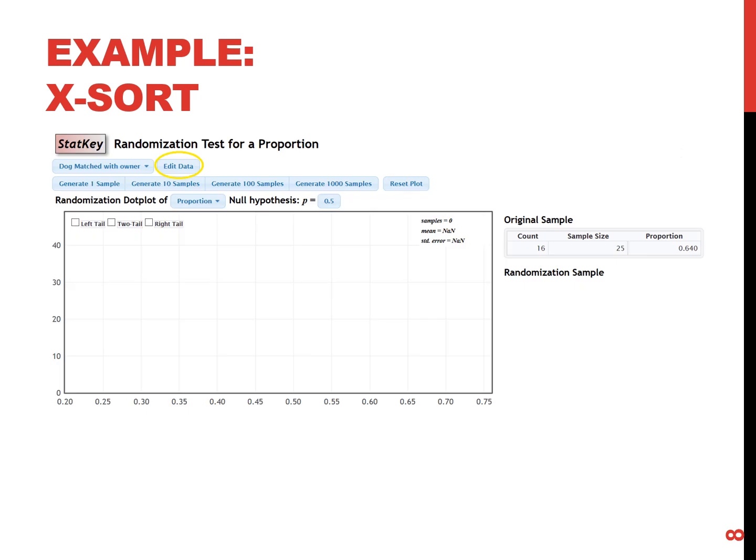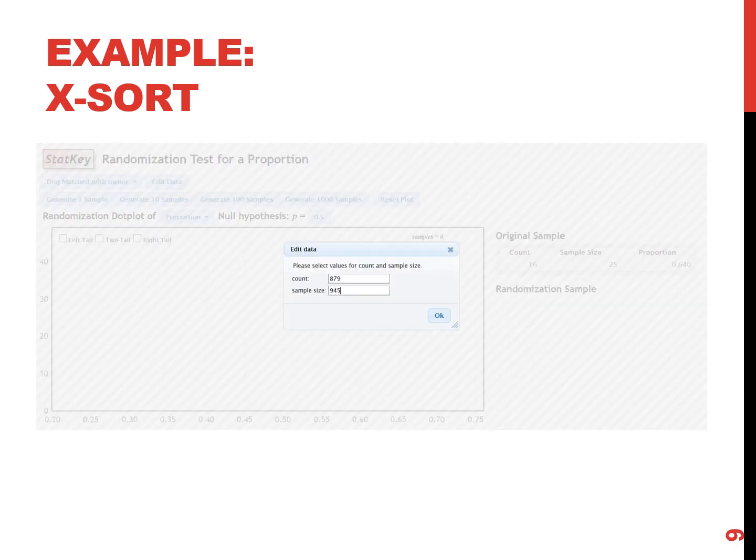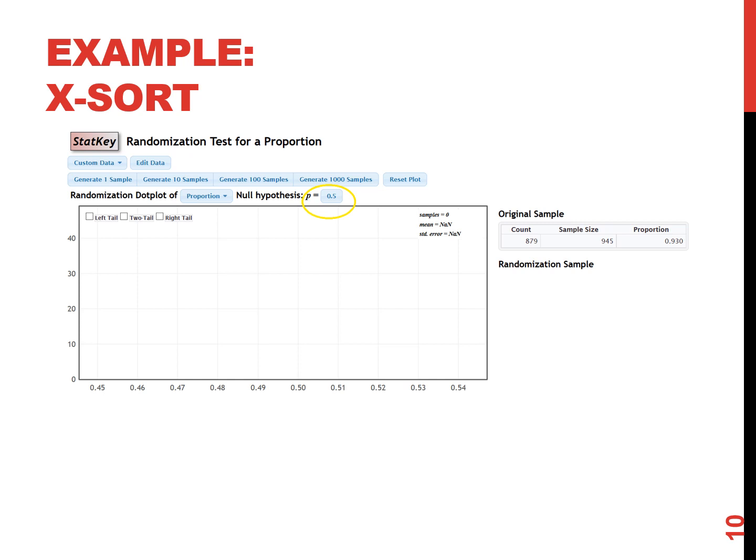Once we come into the randomization test for proportion applet, we need to start by editing the data so that we have the data from our original sample. When we edit the data, we put in the values from our sample. There were a count of 879 girls out of a sample size of 945 births. We click OK, and then we see the data from our original sample in the upper corner here.